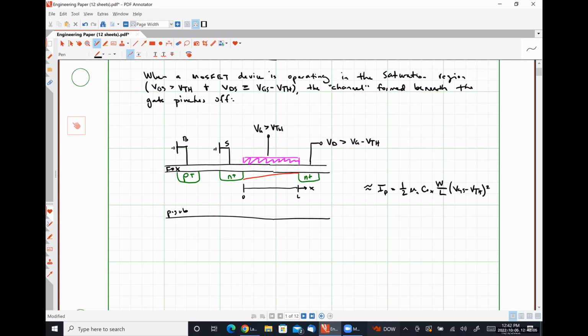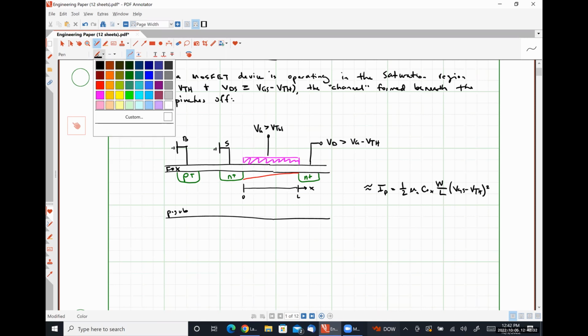Effectively, we made an assumption based on the math that says that the drain current should be independent of the drain source voltage whenever the device is operating under saturation conditions. Realistically, though, this is not the case, because as we increase the drain voltage, the location of our pinch off point moves more towards the source.